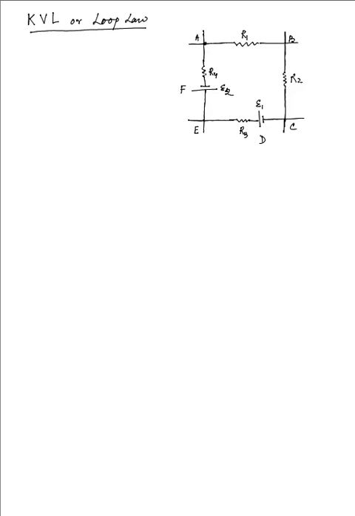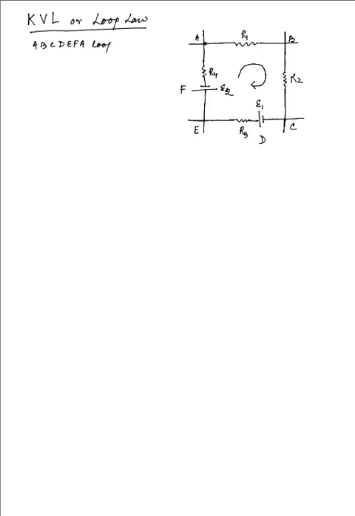I name that point as F. So we have a loop. If taken in the clockwise sense, the loop is A, B, C, D, E, F and back to A. So this is my loop A, B, C, D, E, F and back to A.